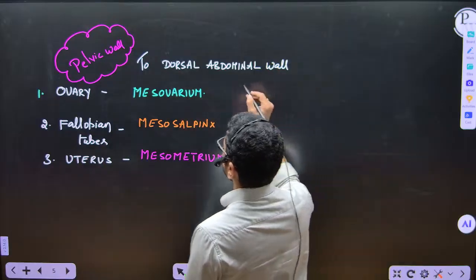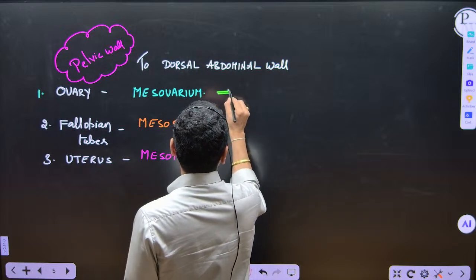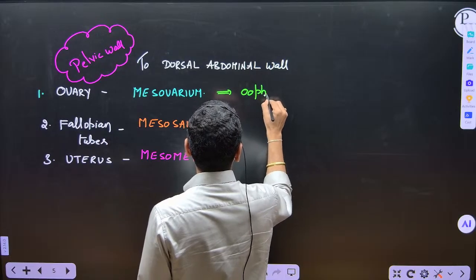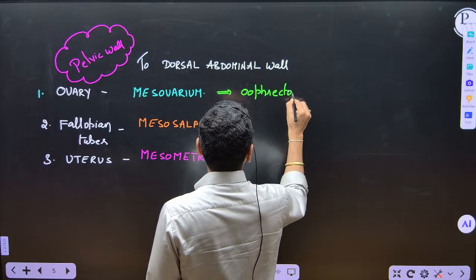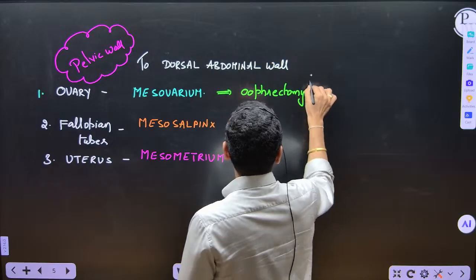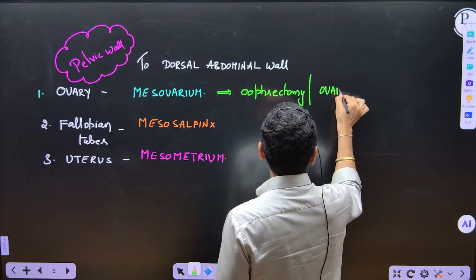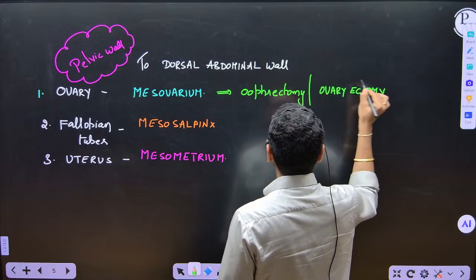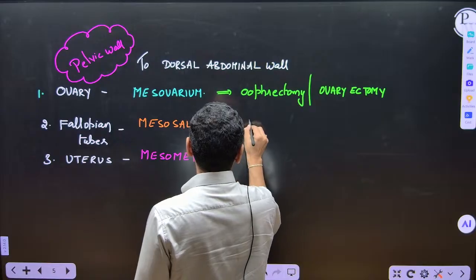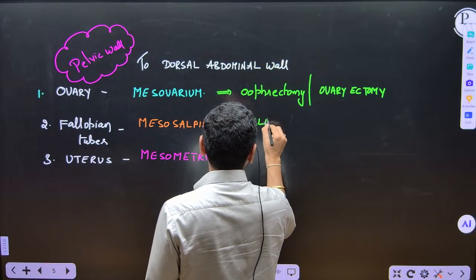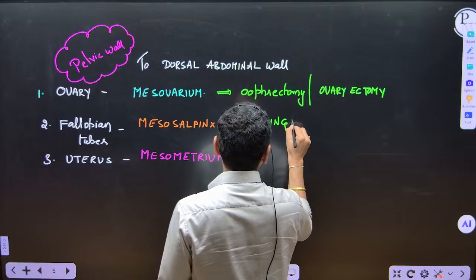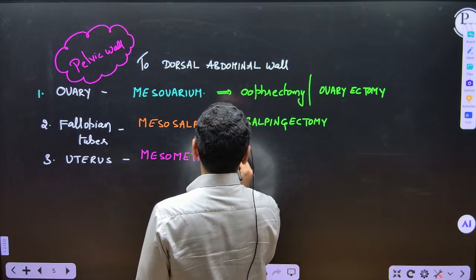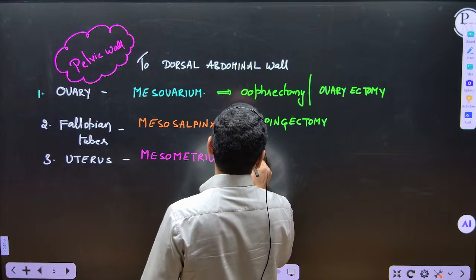Removal of the ovary is called oophorectomy, which is also called ovariectomy. Removal of fallopian tubes is called salpingectomy. Removal of the uterus is called hysterectomy.